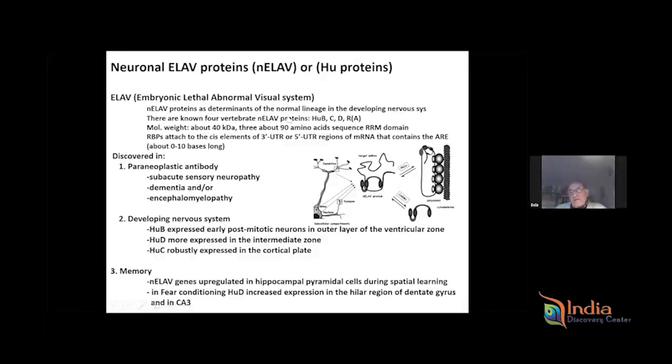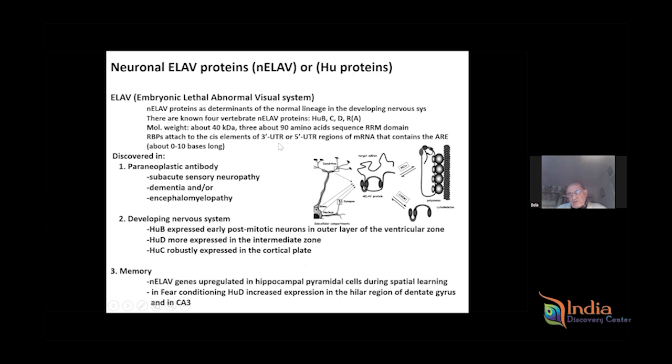This protein family has different types in the human, the ELAVL protein families. And this protein probably has very different functional neuronal pathways.